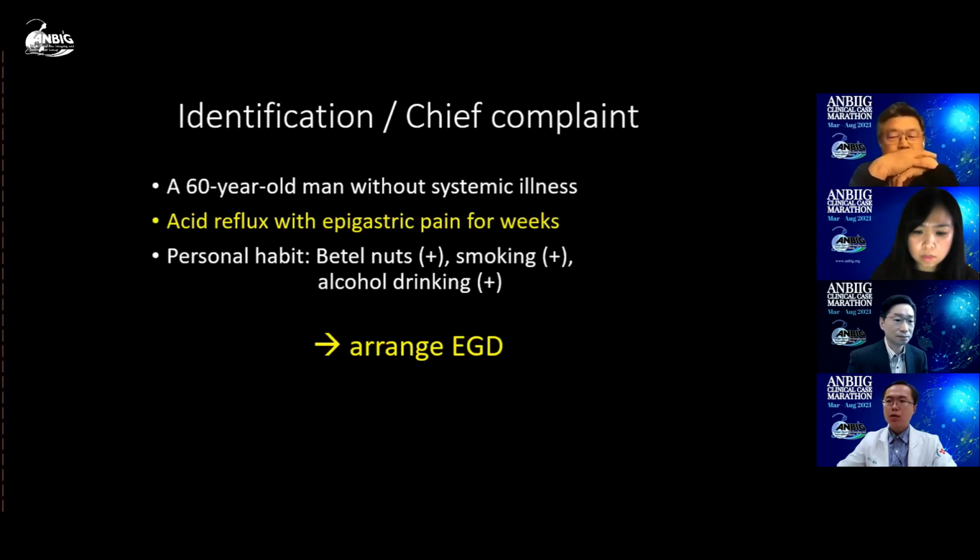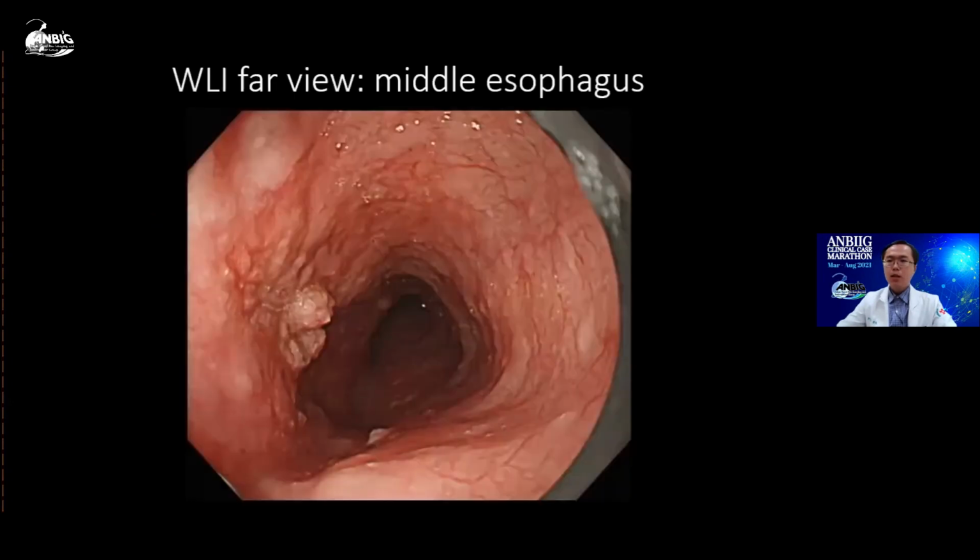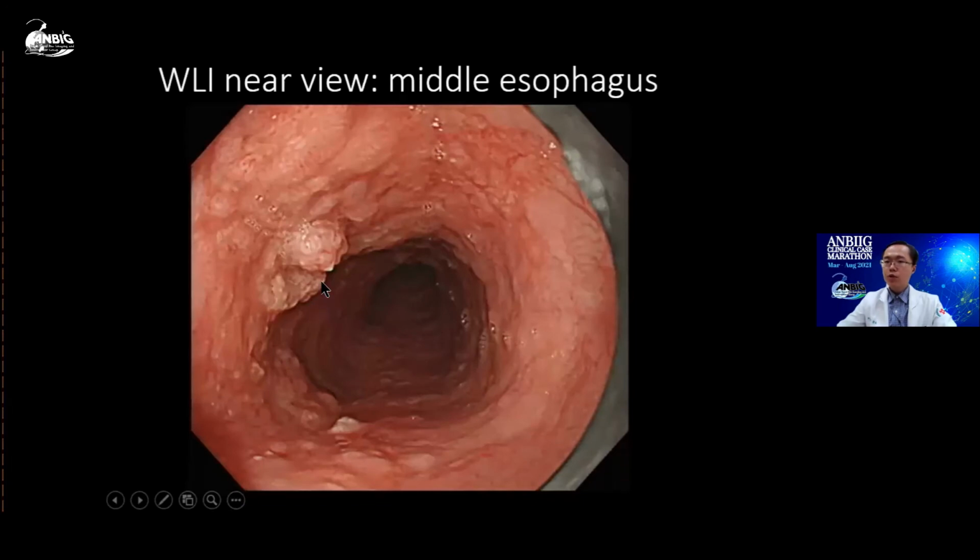He has a habit of chewing betel nuts, smoking, and drinking for years. EGD was arranged to rule out esophageal lesion. Under white light, there was an ill-defined hyperemic mucosal lesion at the middle esophagus. In the near view, the lesion surface was uneven, and there was a large nodule component on it.